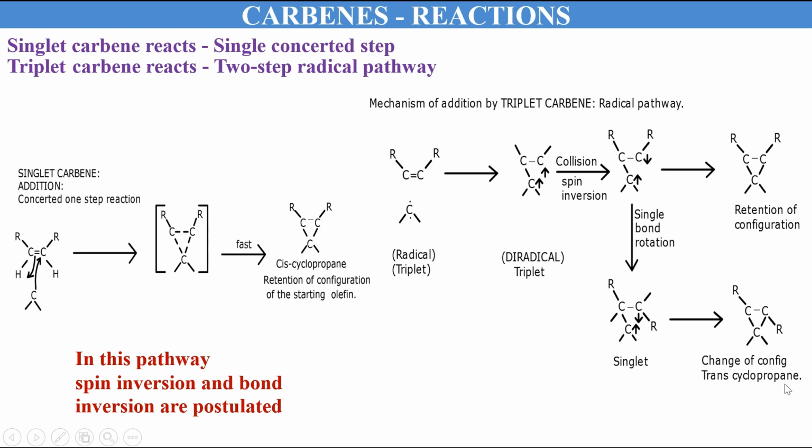That's why two products can be formed. Which product is found in major quantity depends upon the reaction condition. With higher pressure, lesser selectivity, and a major product will be formed where retention of configuration is seen. With lower pressure and lower energy, two products are formed.